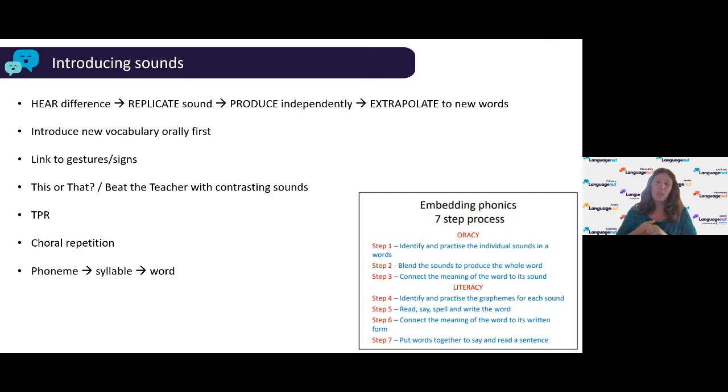TPR, so looking at total physical response, you can read out a sentence or a word, and if they hear a key sound, they react physically in some way, they stand up, they wave. This is really, really good at primary or in early years of secondary, to get students doing some kind of physical movement to react to that.